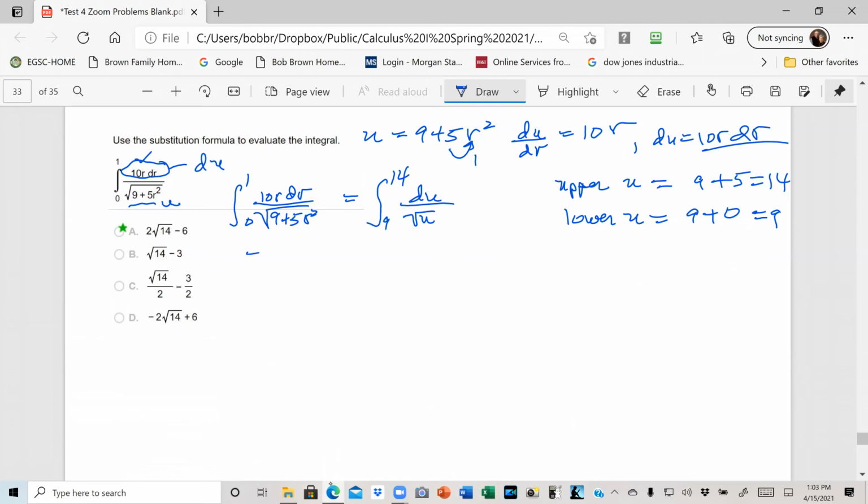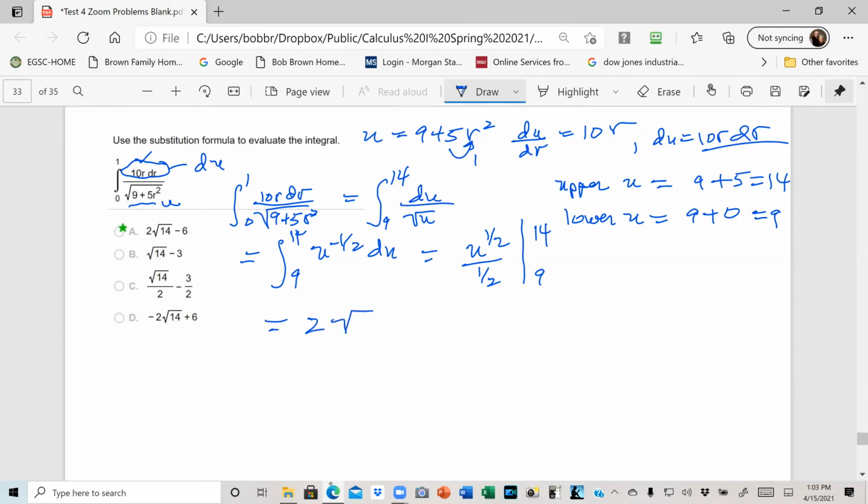So to do this integral, we're going to do the antiderivative of u to the minus 1/2 du, which is equal to u to the 1/2 over 1/2 from 9 to 14.